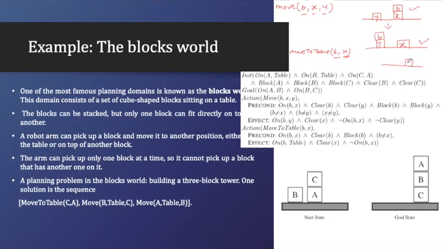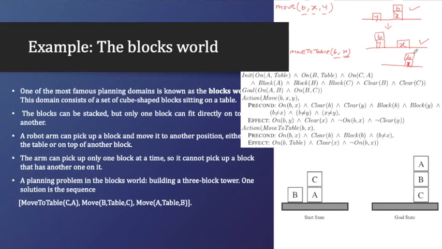That we have X like this, we have B like this. So this is B, this is X. B is on X. This is my precondition. The precondition is B is on X.